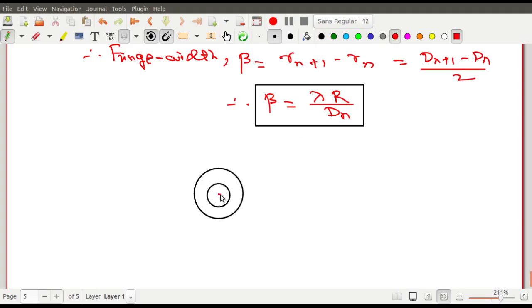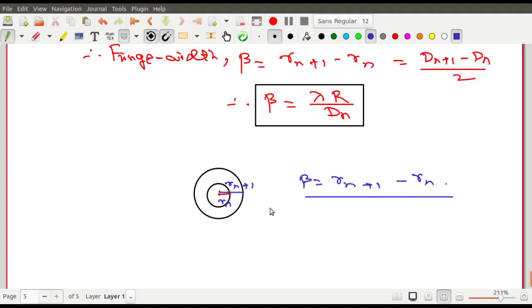So you see that this is a fringe over here, and this one is the other one. These are the two radii that you obtain, and fringe width means the separation between the two consecutive fringes. So if I call this radius Rn and this radius Rn plus 1, the fringe width is nothing but Rn plus 1 minus Rn.